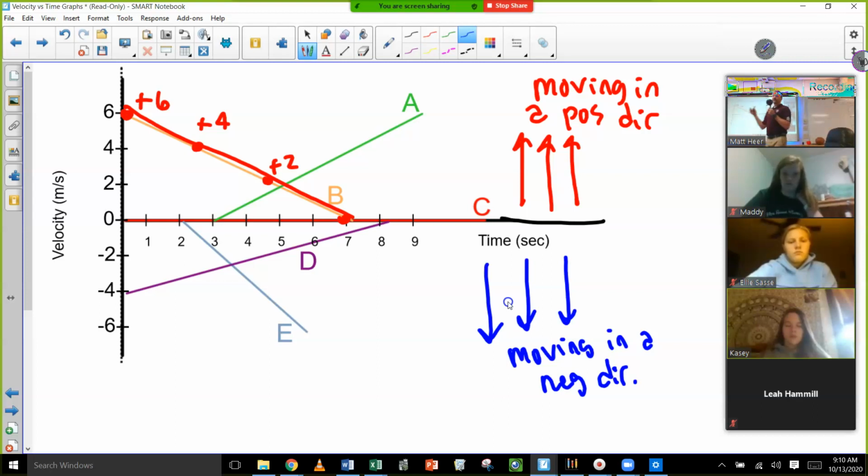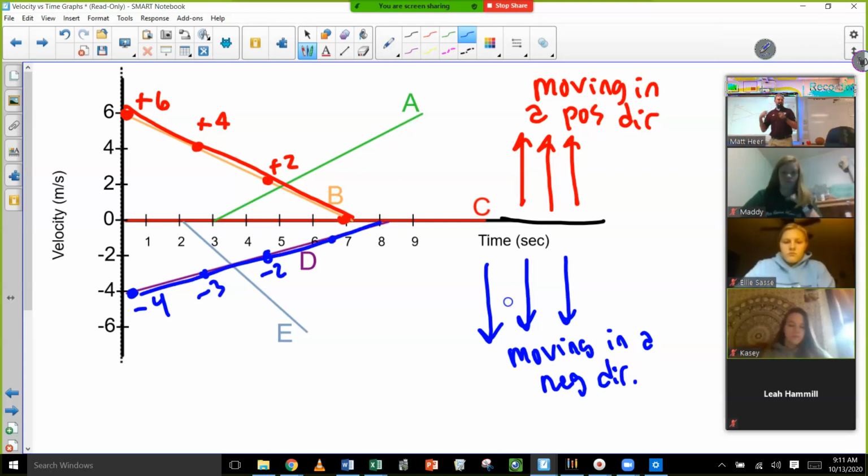Letter D, for instance. Is that moving in a positive direction or is that moving in a negative direction? Negative, because it's on the negative side. Yeah, and if you look at any single point, my velocity here is negative 4. My velocity here is negative 2. My velocity here, negative 3. At every single point, I'm always moving in the negative direction.